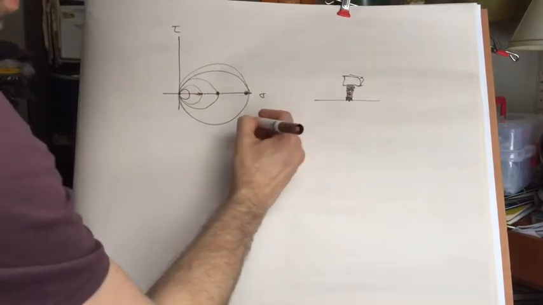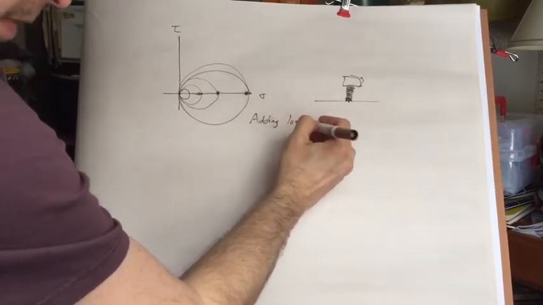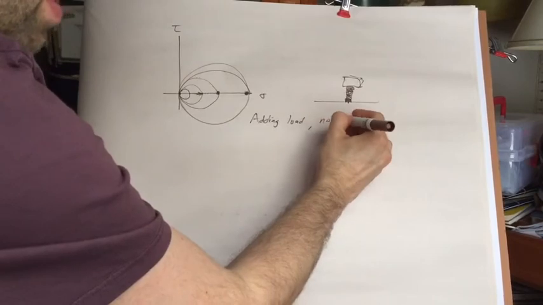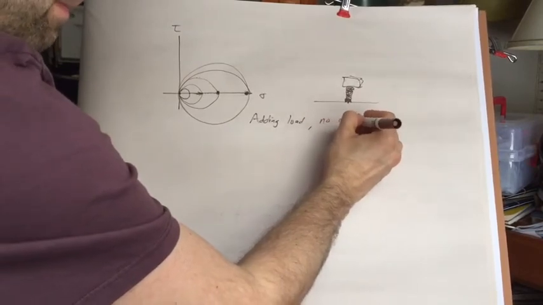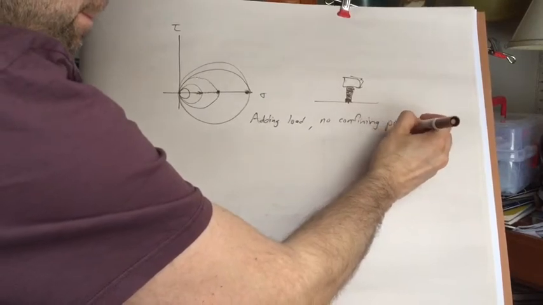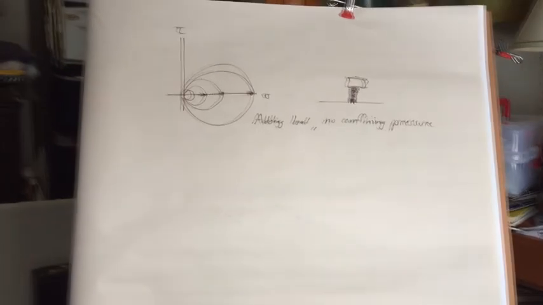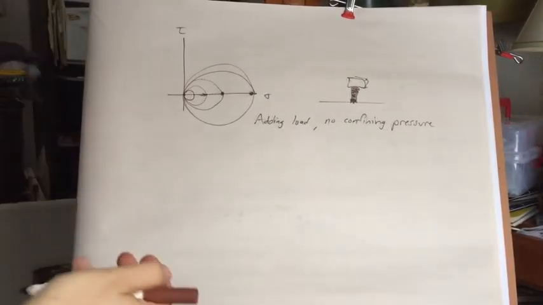So this would be the case of adding a load, but no confining pressure. So what does it mean that there's no confining pressure?